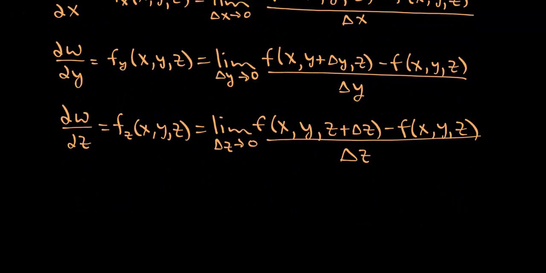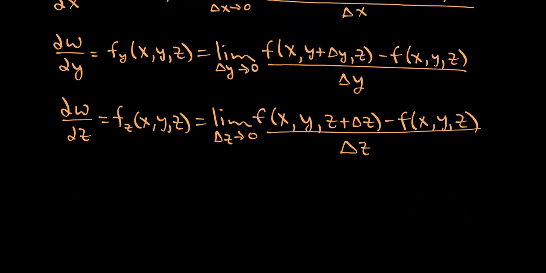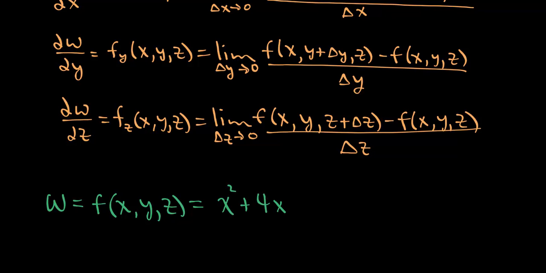Now, what I want to do is just look at an example very quickly of a function with 3 independent variables. So let's suppose that w is equal to x squared plus 4xy plus z squared.